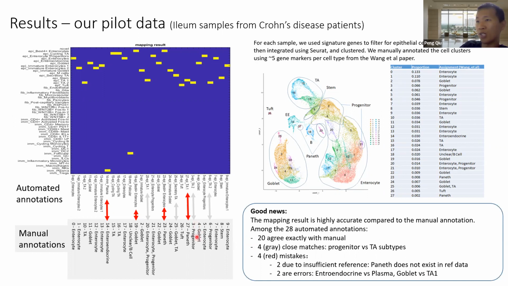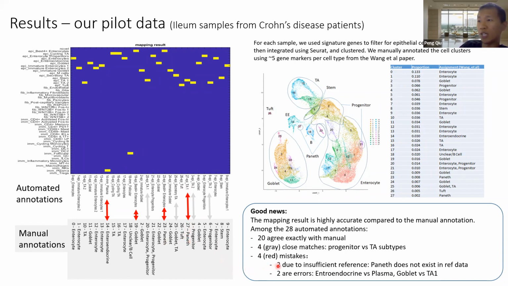So for example, for a progenitor cell type labeled by manual analysis, automated analysis says it's TA2, which is also a progenitor cell type. So these 4 are close matches, and only the 4 red arrows correspond to real mistakes. Two of them are actually due to insufficient reference, because our reference dataset does not have Paneth cells, but the manual analysis labeled these clusters as Paneth cells.